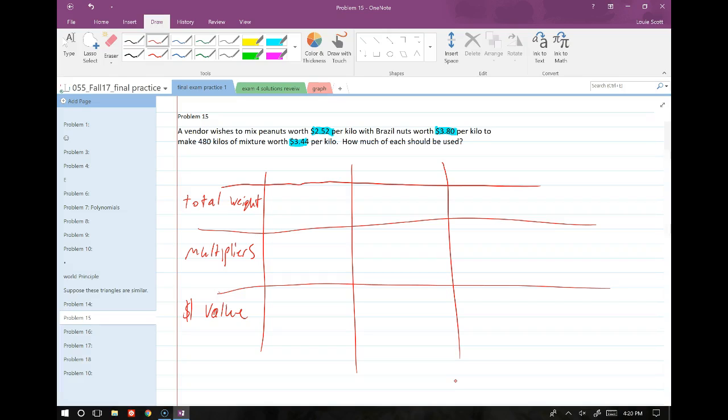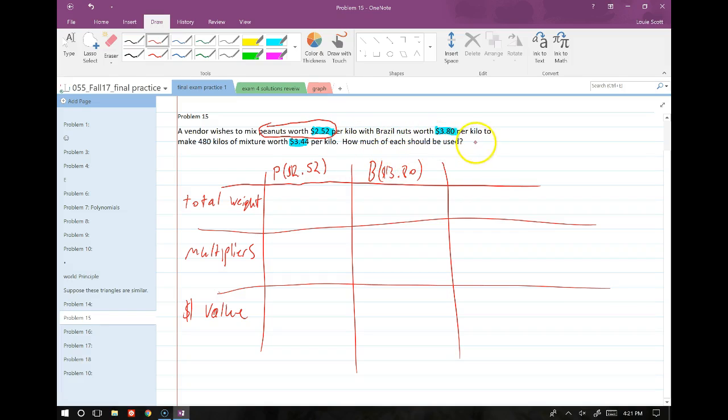So we have peanuts first, right? $2.52, not 25. Let me erase that. $2.52 per pound. And then we have Brazil nuts, which are $3.80 per pound because they're fancier.